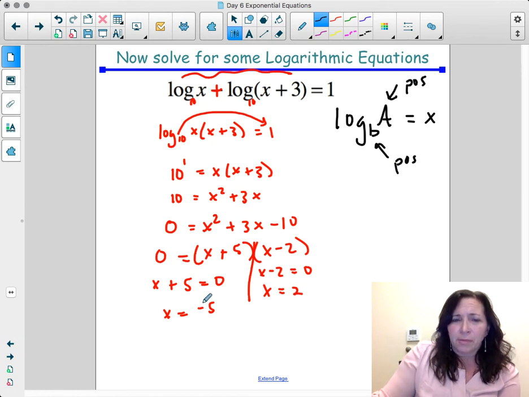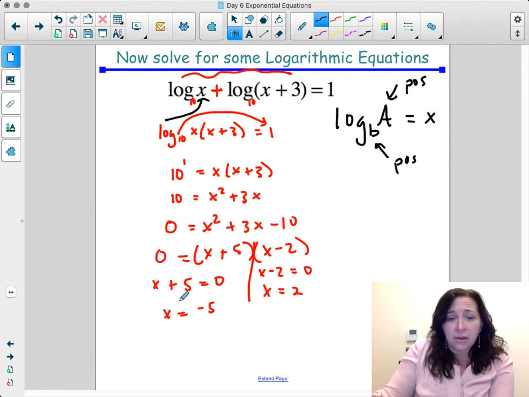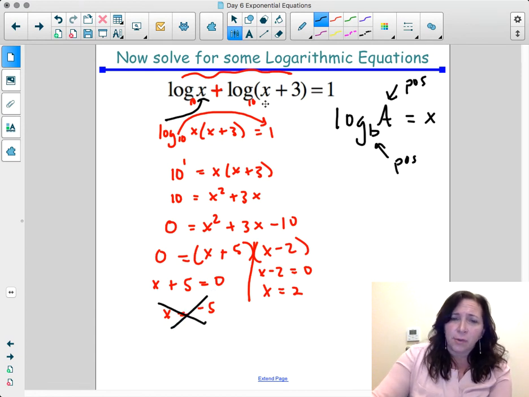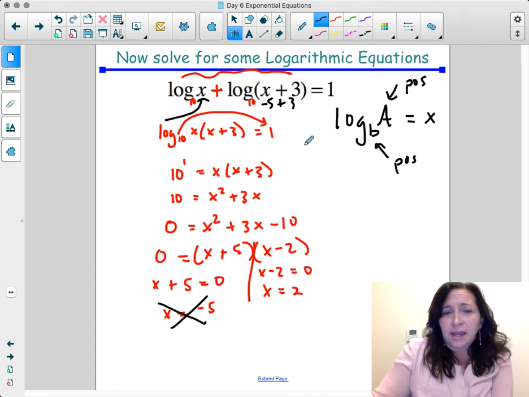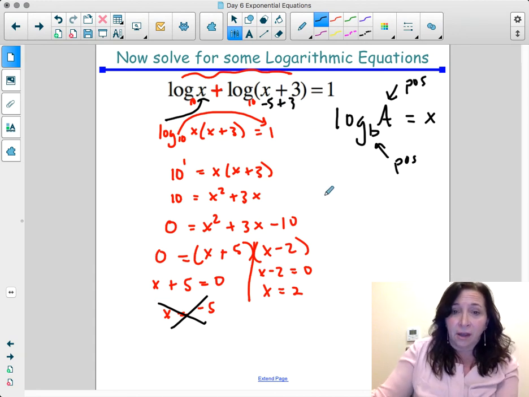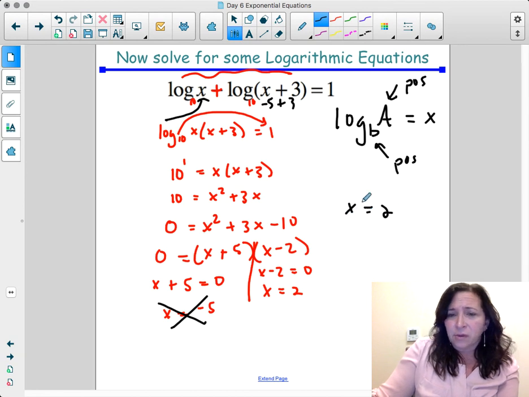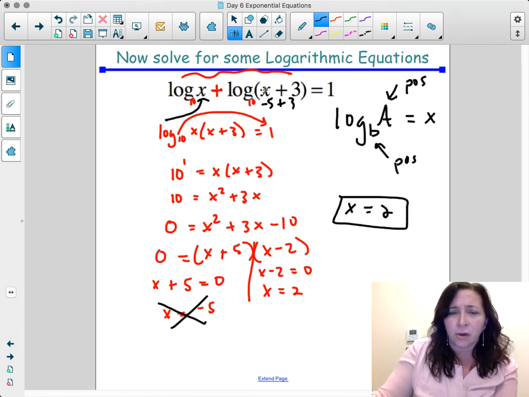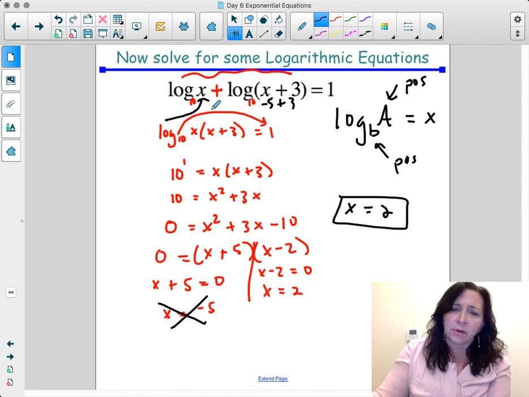So if I were to plug in negative 5 in here, it's going to be negative, and you can't use that. I also would plug it in here. Negative 5 add 3 is negative 2. That's still negative. So negative 5 is definitely not going to work. So now you have x is equal to 2. And you can look at it and go 2 plus 3, that's 5. That works. And then you're done.